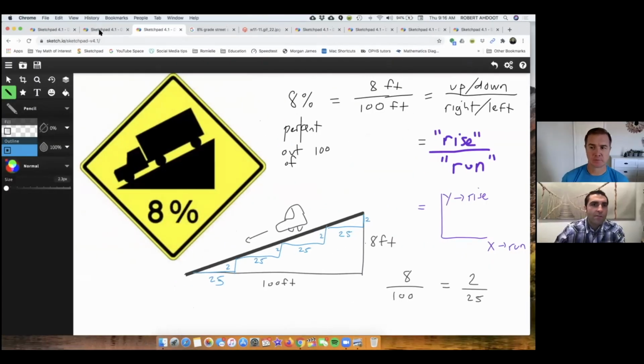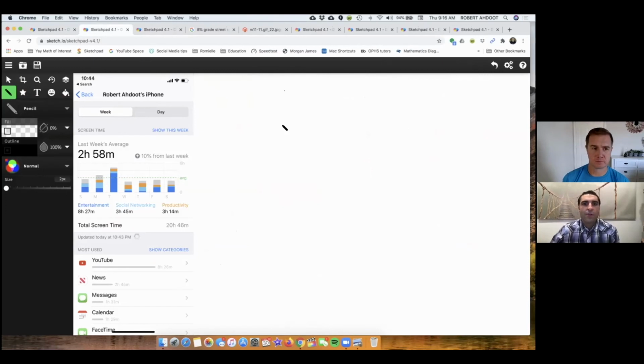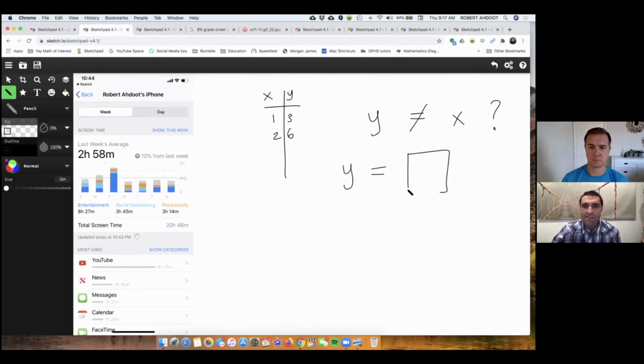So if you have x, y, 1, 3, 2, 6, that's all you need. So we have y equals x. No, clearly not. But what you can do is say y equals something times x, something such that they are the same.